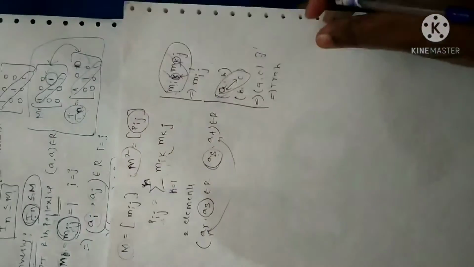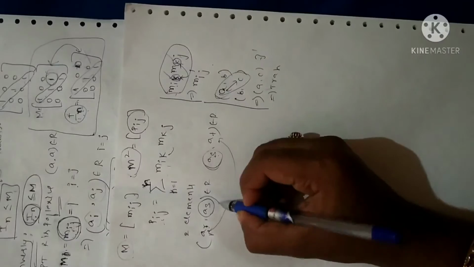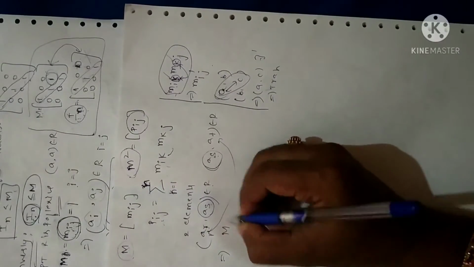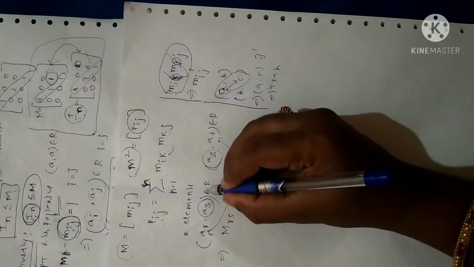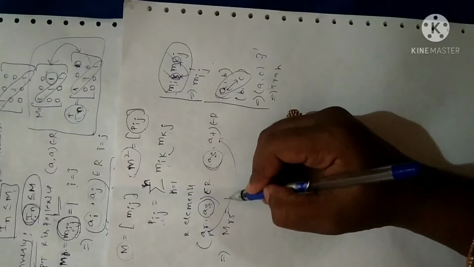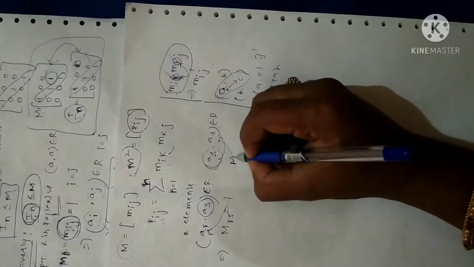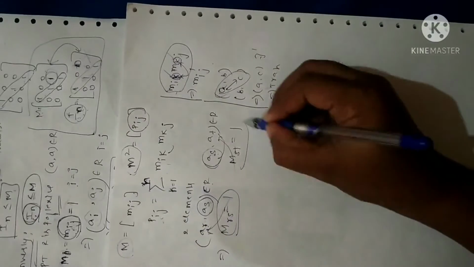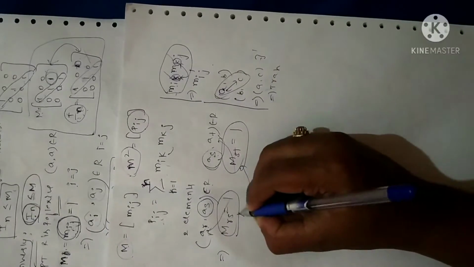Fine. Now, since (a_r, a_s) belongs to R, by using matrix representation I can write m_rs equal to 1. If it does not belong, I can write it as 0. Again, from the matrix, I can write m_st equal to 1. Since both elements are equal to 1, let me take the product of these two.